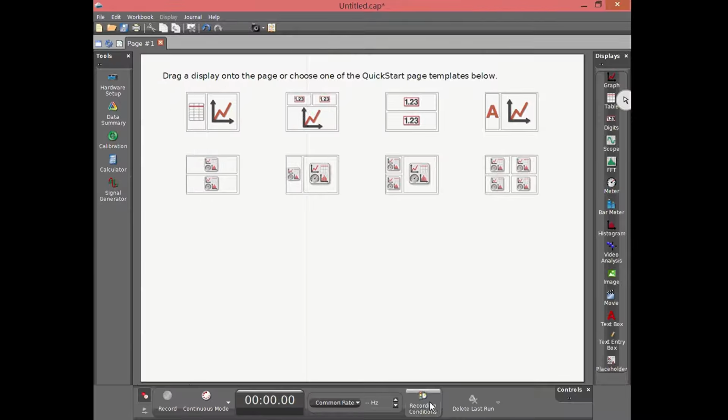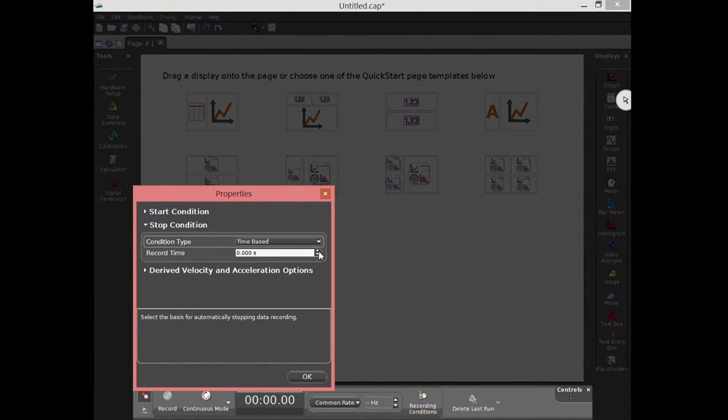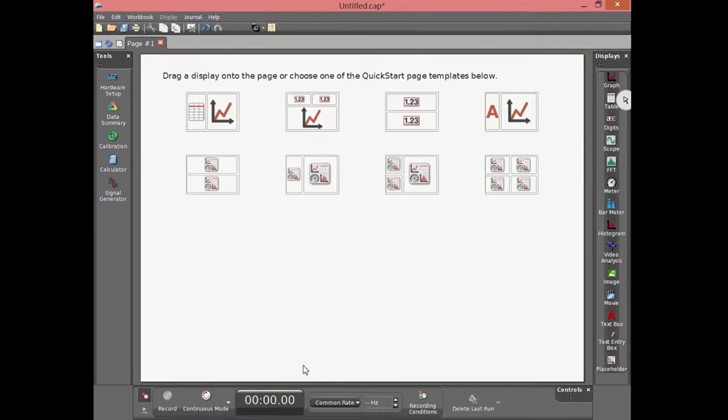And then for the recording conditions, we want the program to record data for only 1 second. So we will go to recording conditions and set the stop condition to time-based, and then choose 1 second. This way, the program will stop automatically after 1 second.